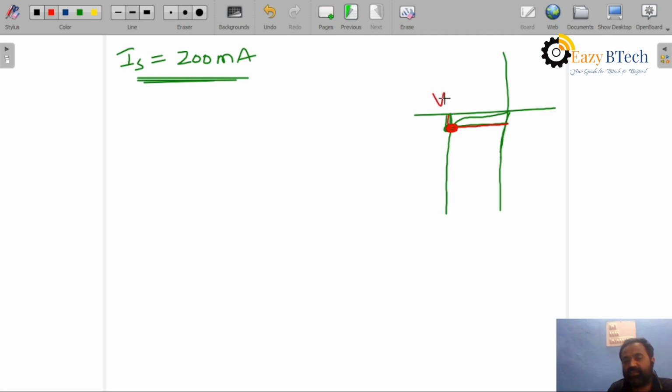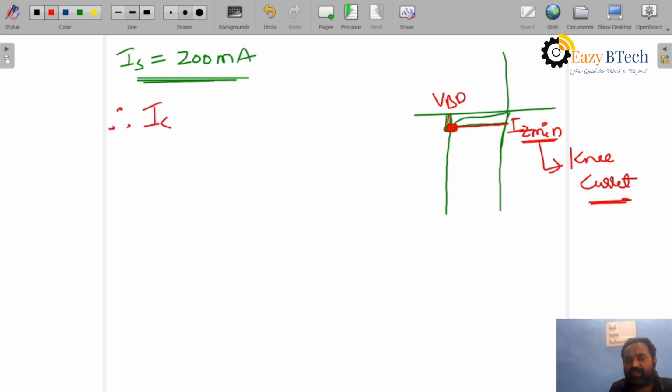This is the breakdown voltage, and this is Iz minimum, which is known as the knee current. Therefore, Is is equal to Iz plus IL.